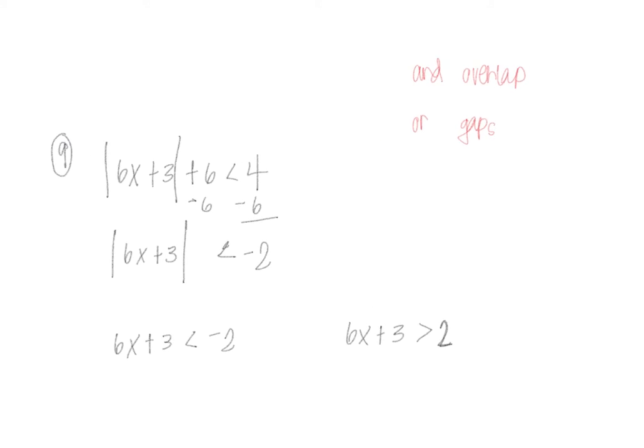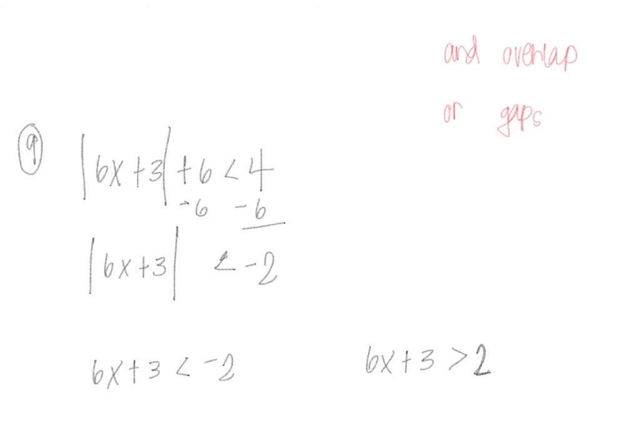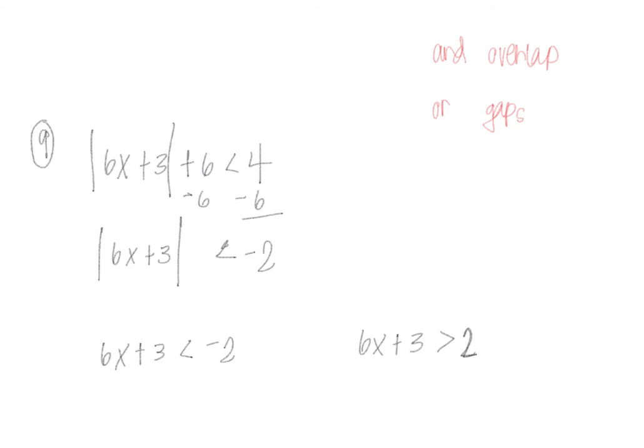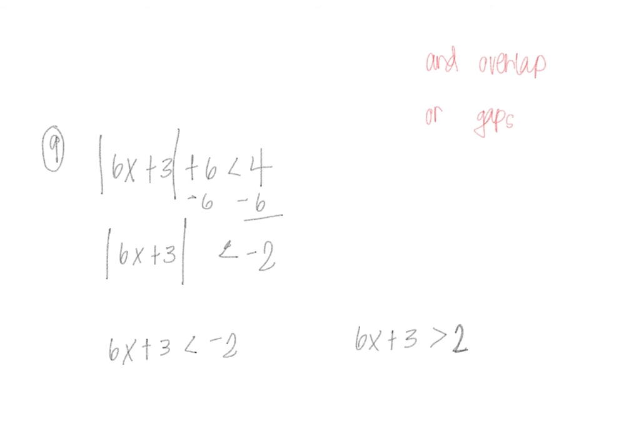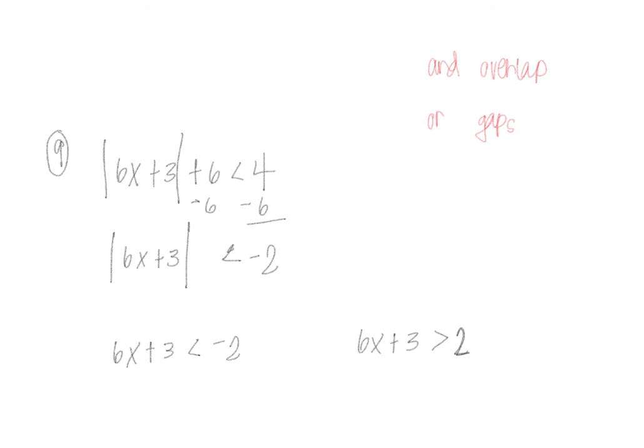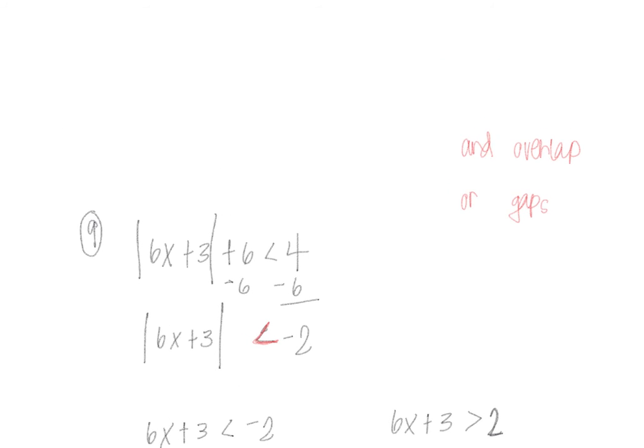Now, this one didn't tell us if it was an "and" or an "or" problem, so we must know that if it starts off as a less than, it's an "and" problem, and if it starts off as greater than, it's an "or" problem.